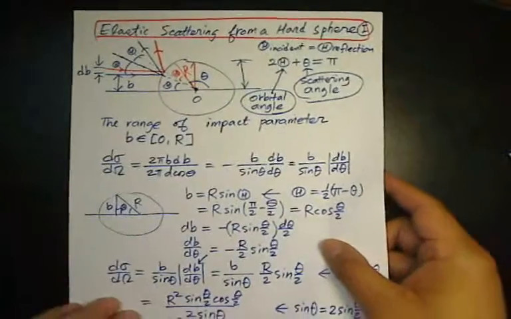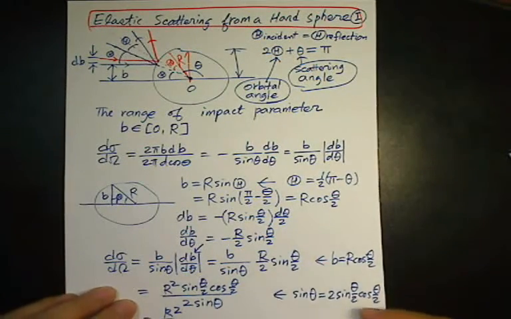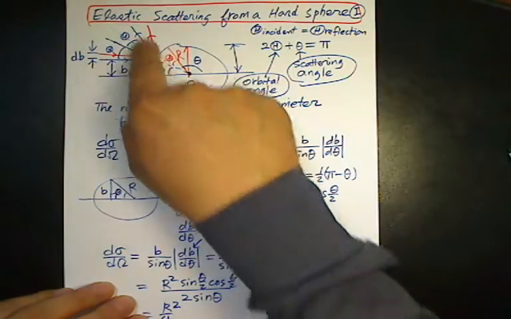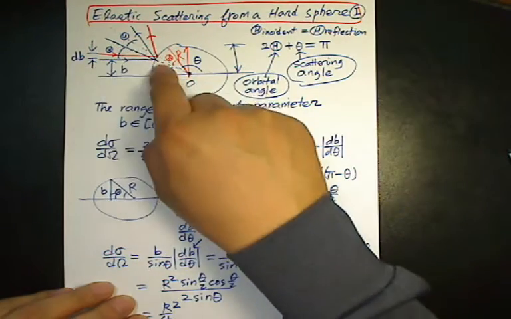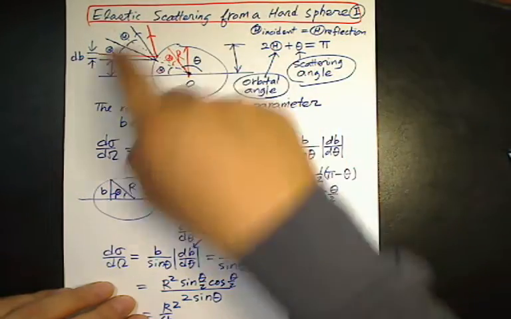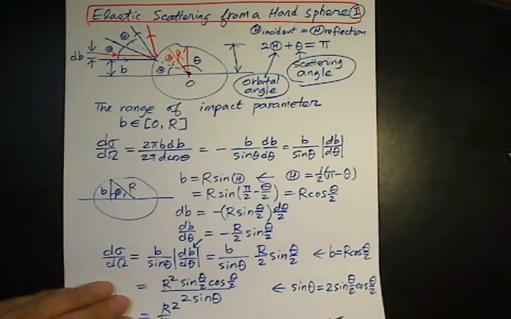Okay. Elastic scattering from a hard sphere can be computed in such a way. The big theta can be computed using the symmetry of the reflection. For elastic scattering, the incident angle and the reflected angle should be the same.